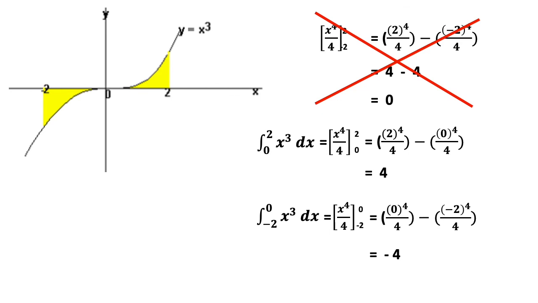For an area, we must take the absolute value, which basically means ignoring the minus sign. The area for this part is in fact 4. The minus just indicates that the area is below the x-axis. The total area is therefore 4 add 4, which is 8, which makes more sense. So anytime you're working out an area below the x-axis, when you get a negative answer, ignore the minus. The absolute value represents the area.